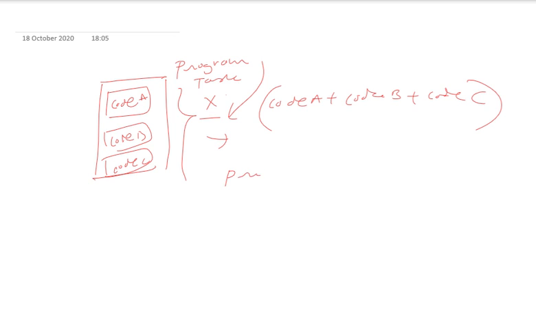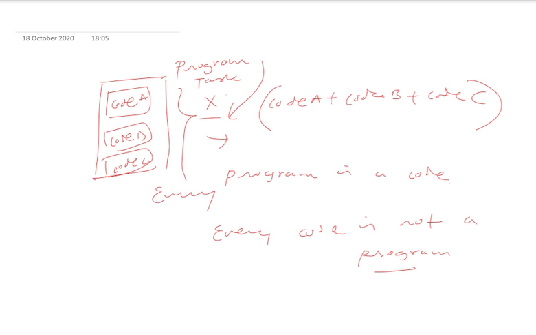So a program is a code. Every program is a code, but every code is not a program. If you have some code, it may not be a program. A program will perform one task completely.